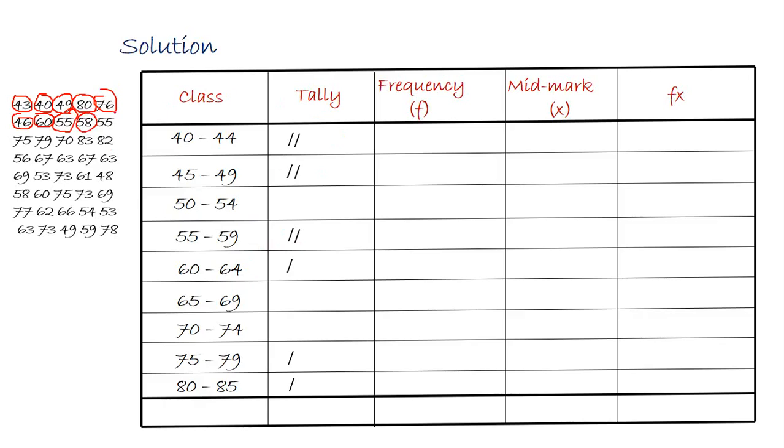Then we have 55, which lies in the class of 55 to 59. 75 lies in the class of 75 to 79. 79 lies in the class of 75 to 79.